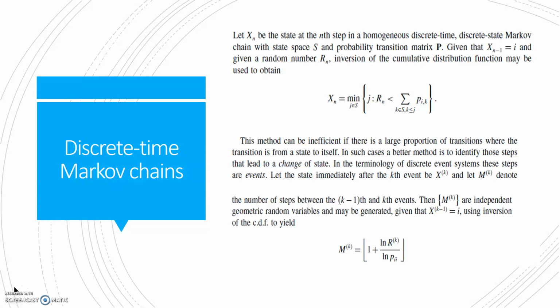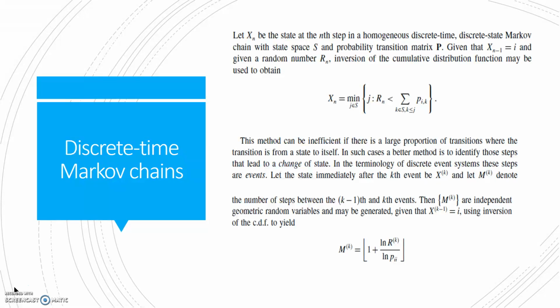Now, we know that if the proportion of transitions is large, that formula tends to be inefficient. And in such cases, a better method is to identify the next change of state.